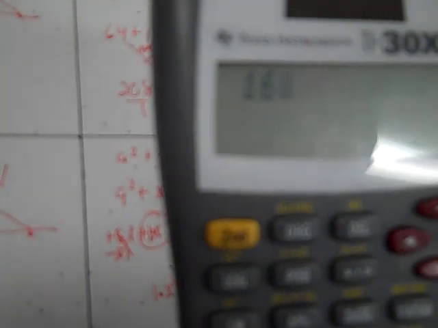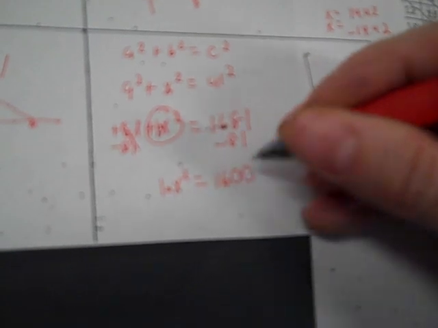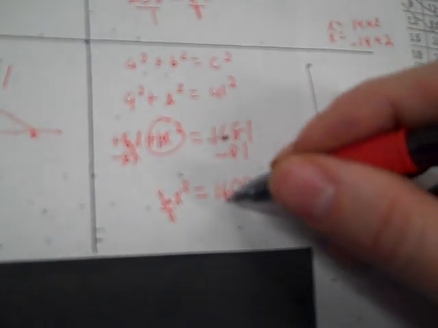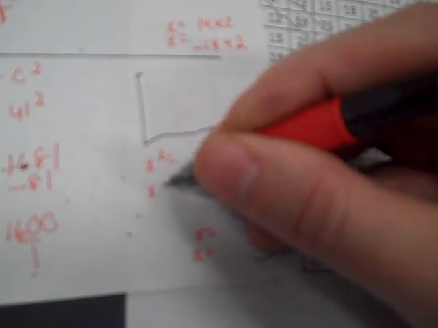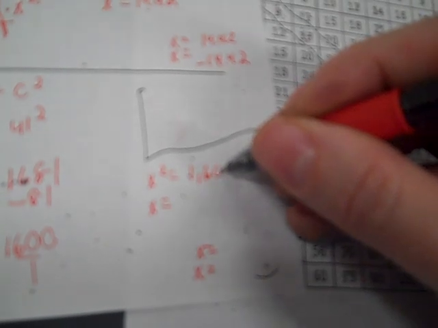So 1,681 minus 81 is 1,600. And then we divide both sides by the 1. That's 1,600. So x to the second equals x equals 1,600.